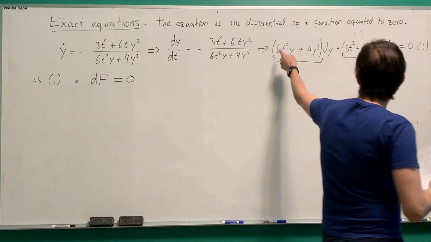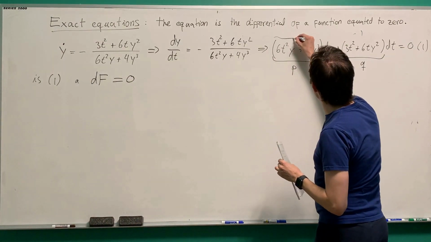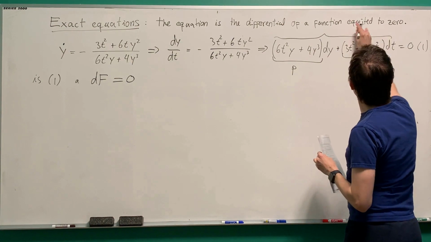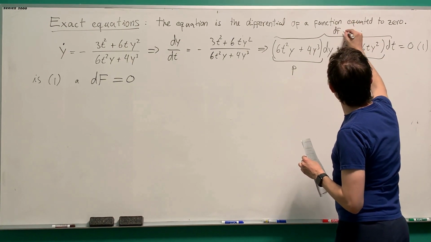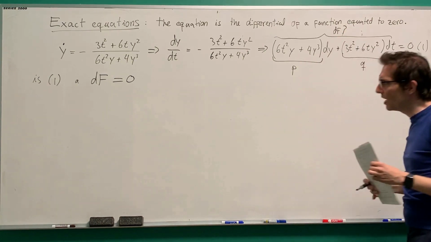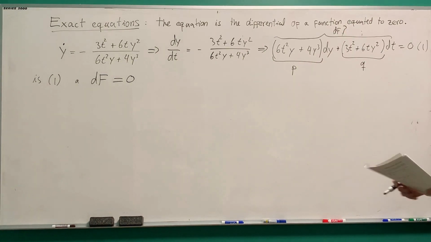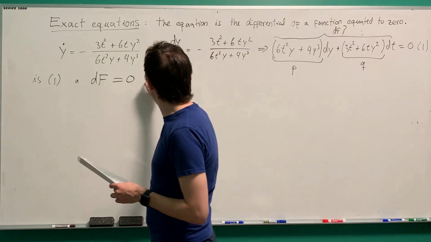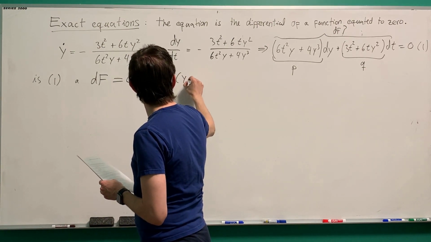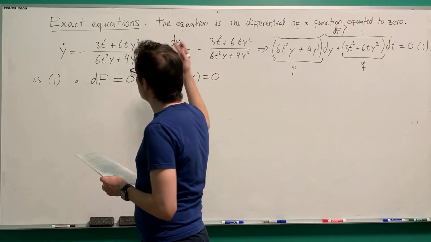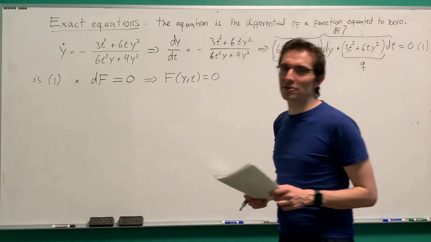We are asking, is this whole thing a df? Because if it's a df, solving the equation is easy. I can integrate both sides, and I get that f(y,t) equals 0 is the solution to my differential equation.